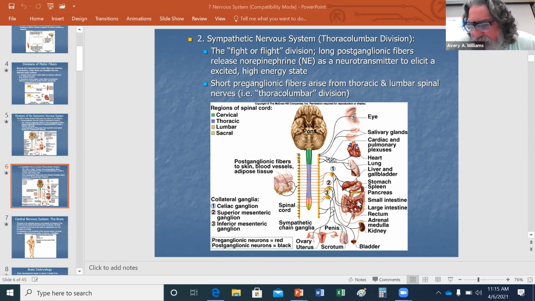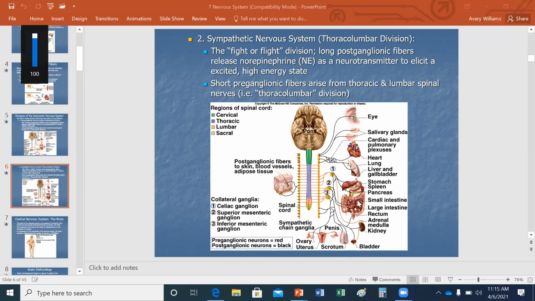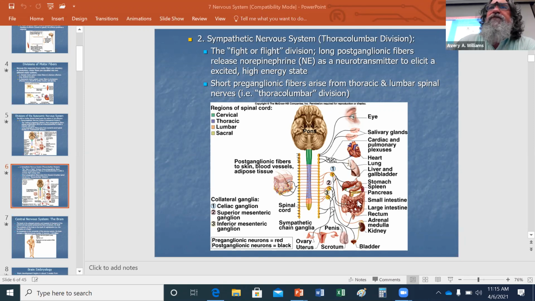Yes. Okay. And then the only two parts of the brain that produce hormones are the hypothalamus and the epithalamus. Is that correct? Well, let's see.